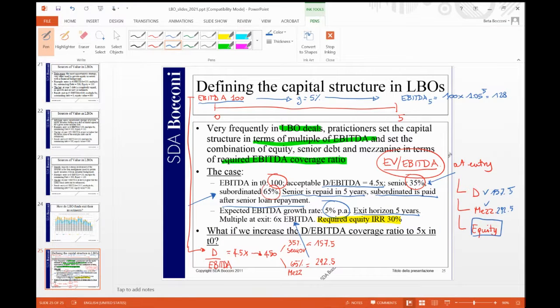Okay, so we get in at an EBITDA of 100 and we get out at an EBITDA of 128.